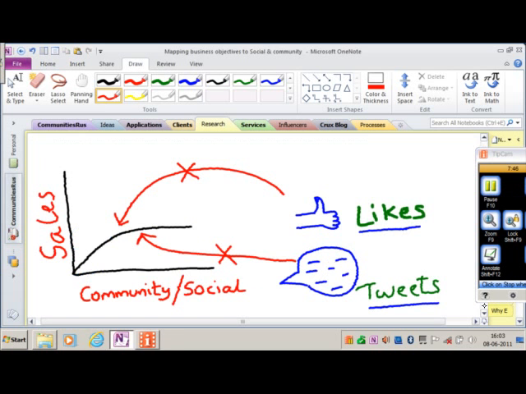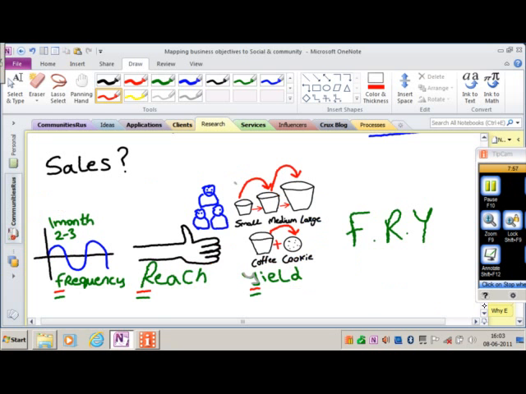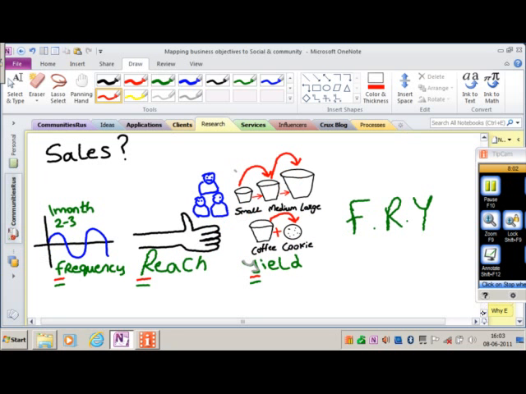So to summarize, what we went about is understanding that the likes and tweets don't really directly relate to sales. You need a mechanism, or a model, which will allow you to do this. FRY is one of the best ways in which you can break down that business objective and understand what you're trying to do, whether it's frequency, reach, or yield.